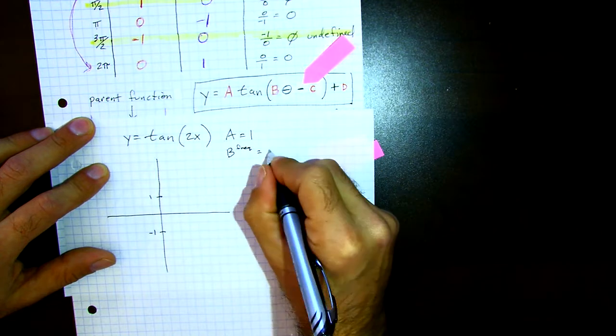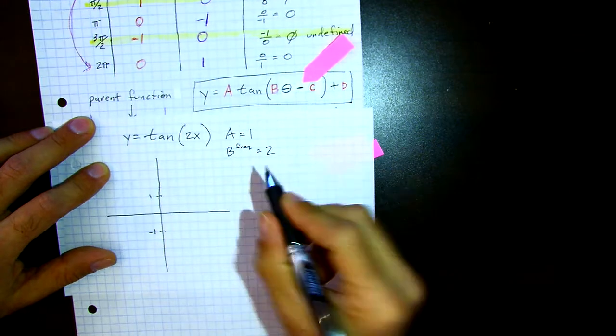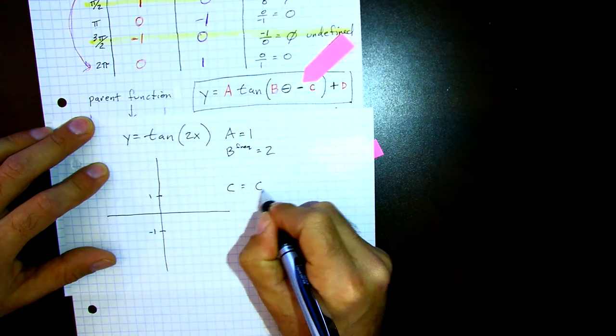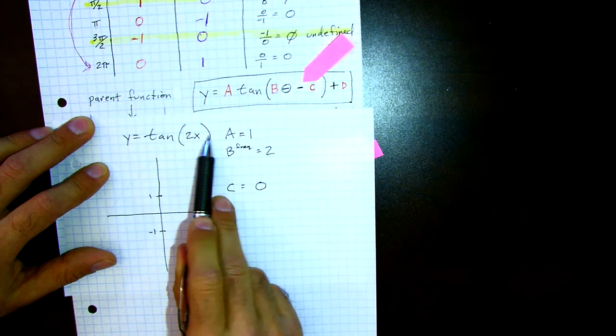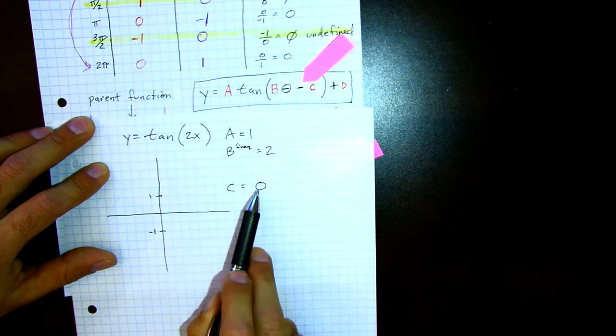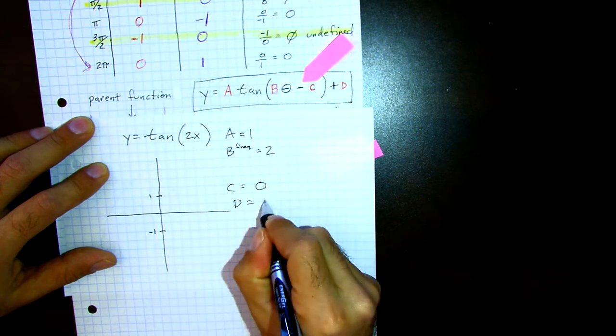So our B value is 2. That's going to help us find our period. Let's go ahead and put our C value, our phase shift, as 0, because it's 2x minus 0 instead of minus C. There's no C value, so we'll say it's 0. And D is also 0.